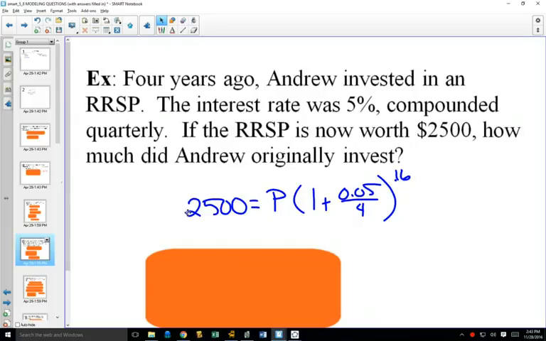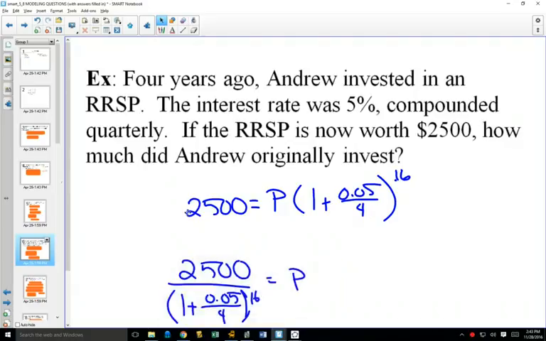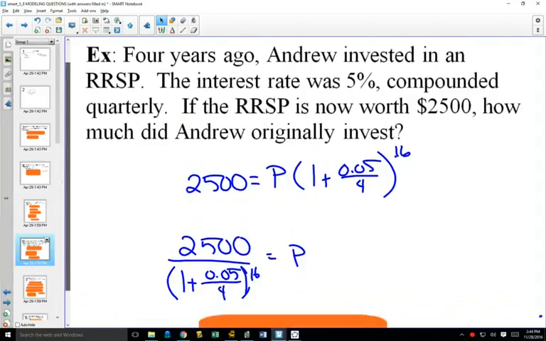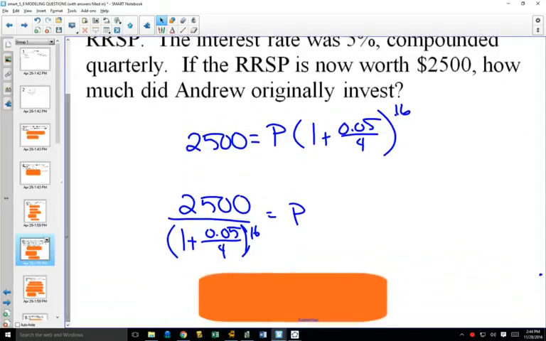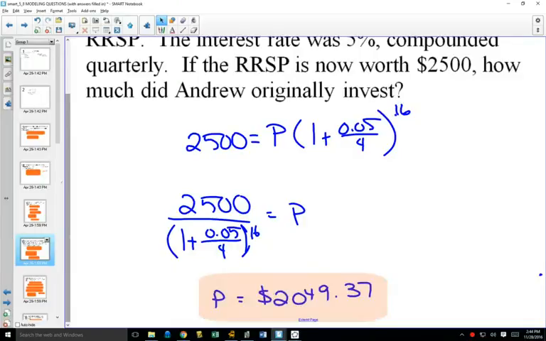In fact, to get p by itself, all we need to do is divide both sides. And then again, it's just being able to type that into your calculator and see if you're able to get the same answer.